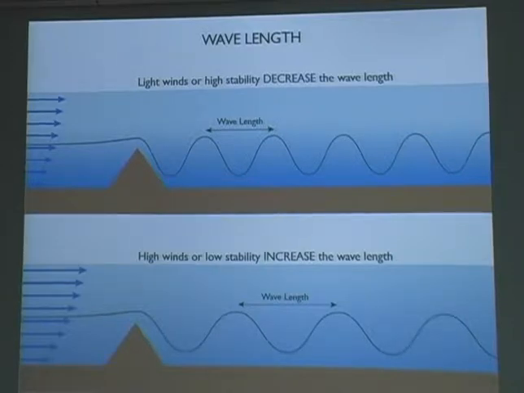the way the wave sets up is different depending on how strong the wind is and how strong the stability is. So if you have light winds or high stability, the wavelength will decrease. High stability means as soon as that air goes down, it wants to come right back up. Or as soon as it goes up, it wants to come back down.